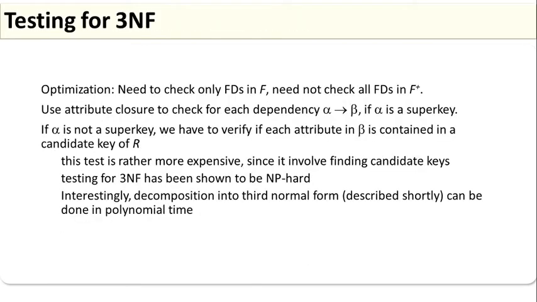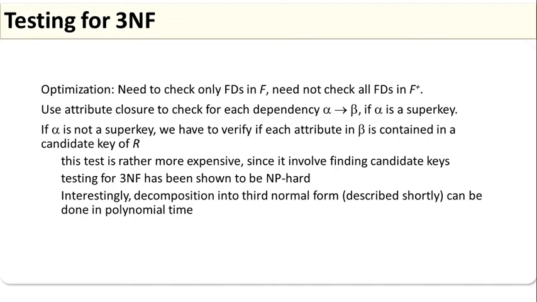Optimization: we need to check only the functional dependencies in F, not all the functional dependencies in F plus. Use attribute closure to check for each dependency alpha to beta if alpha is a super key.